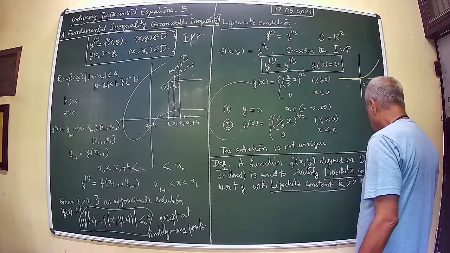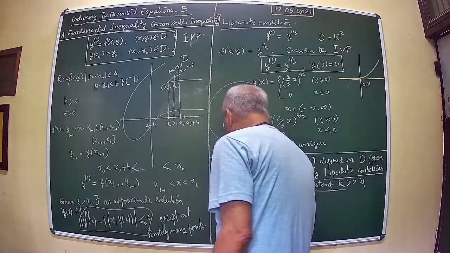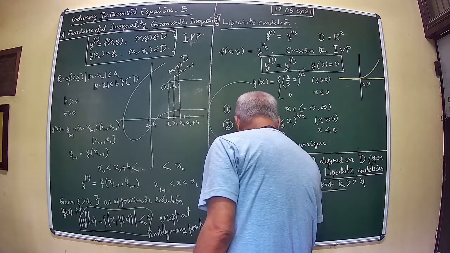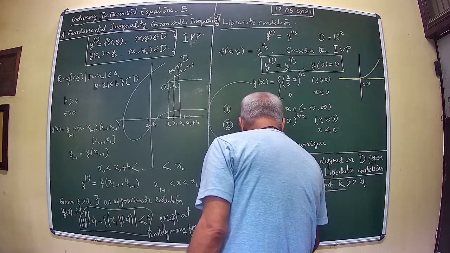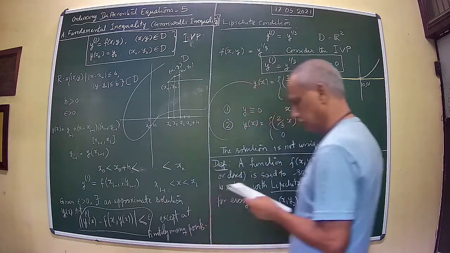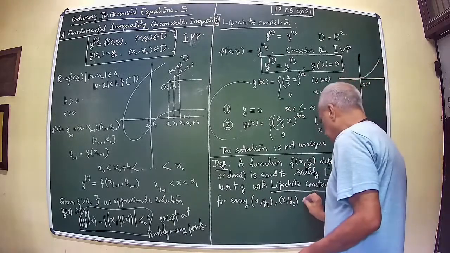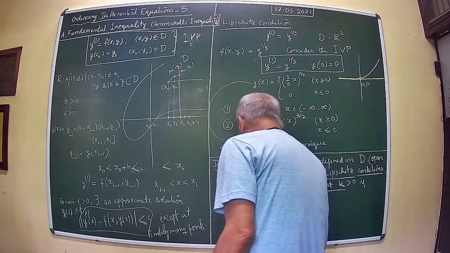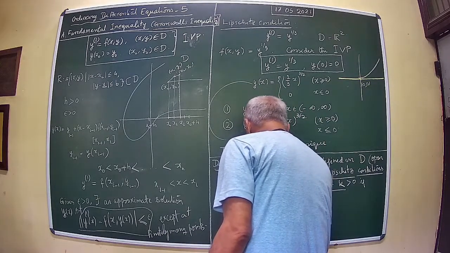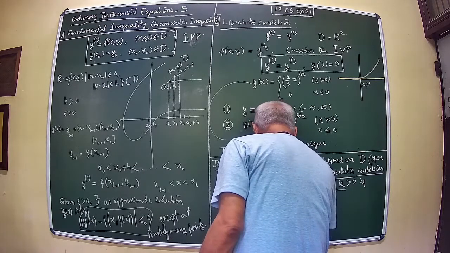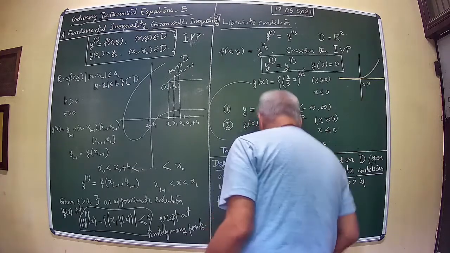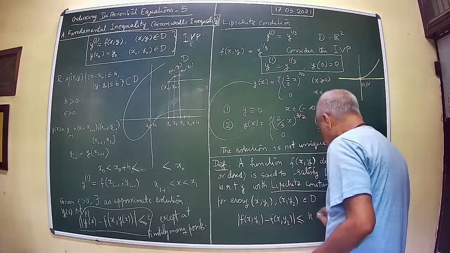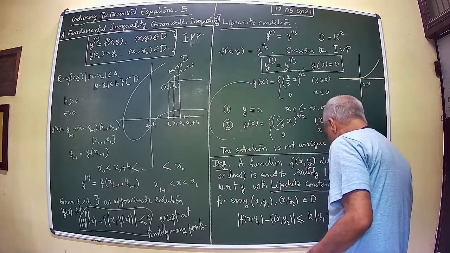if for every (x, y1), (x, y2) belonging to D, modulus of f(x, y1) minus f(x, y2) is less than or equal to k times modulus of y1 minus y2.